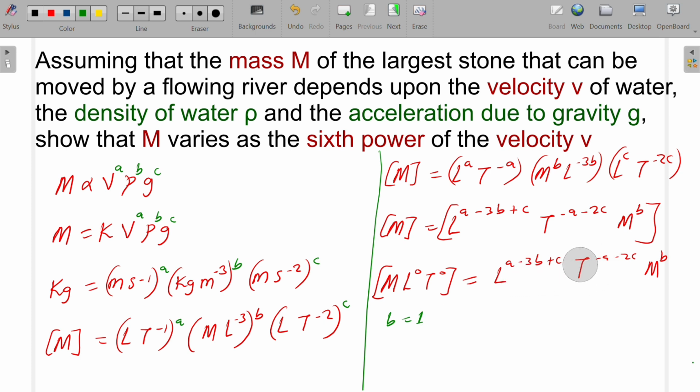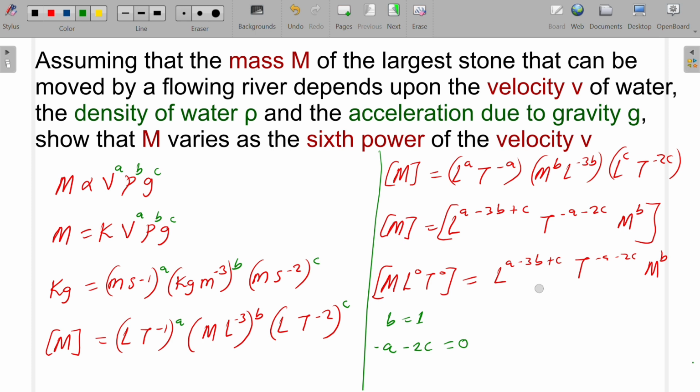We go to the next one. Let's go to t. T is having a power of minus a minus 2c here, and on the other side t is having a power of 0. So we're equating the powers. So what we have there is minus a minus 2c. This will be equated to 0.